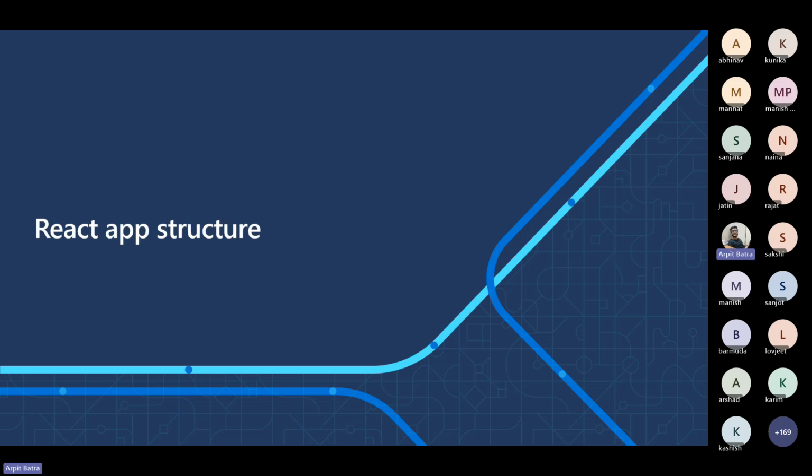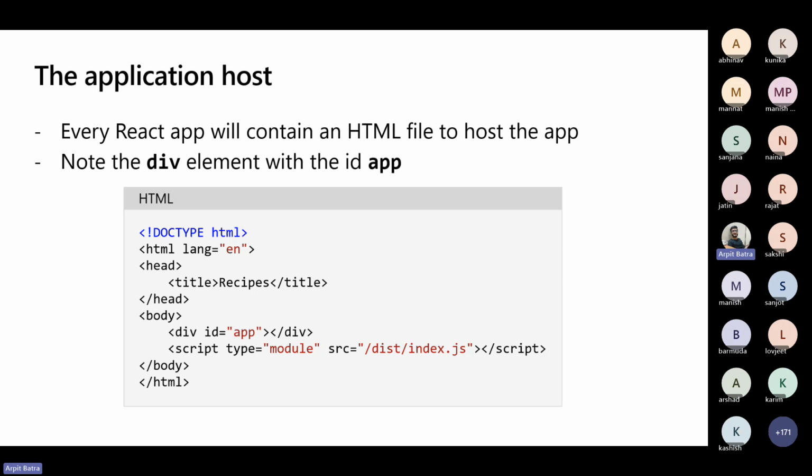Then we go for another slide, that is app structure. So here is the application host. Every React app will contain an HTML file to host the application. Next one is the div element with the ID app. And in the above, we have code in the language of HTML.